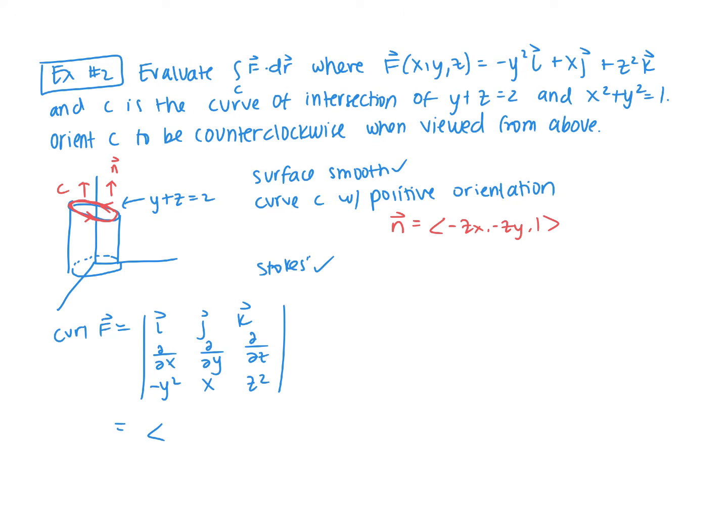Okay, so finding the i component, we get 0 subtract 0. Finding the j component, we get 0 subtract 0 again. Finding the k component, we get 1 minus negative 2y, or 1 plus 2y.